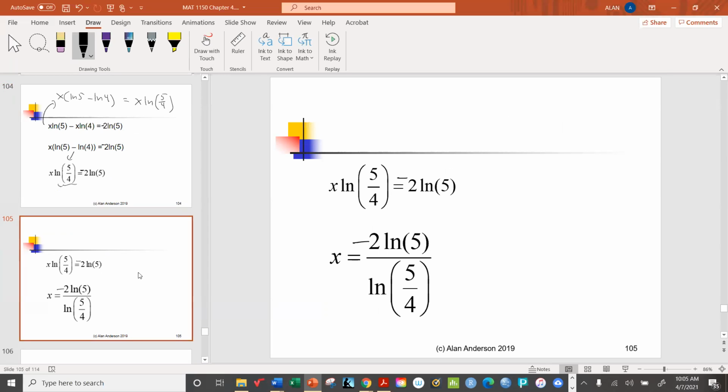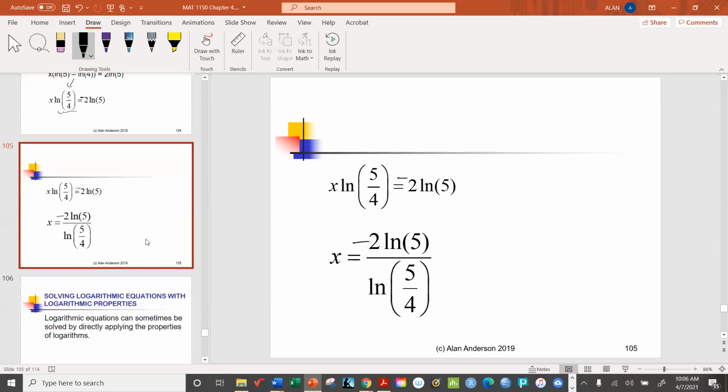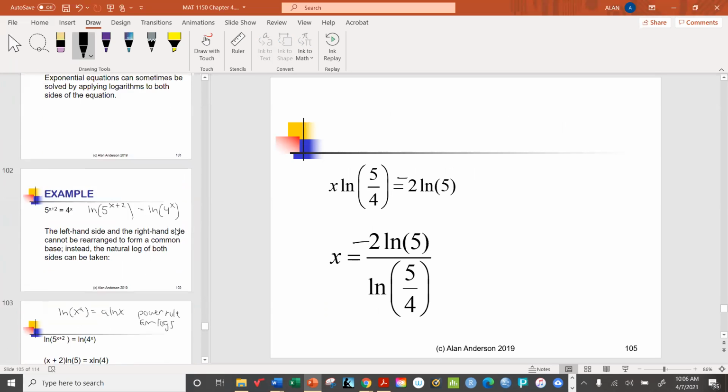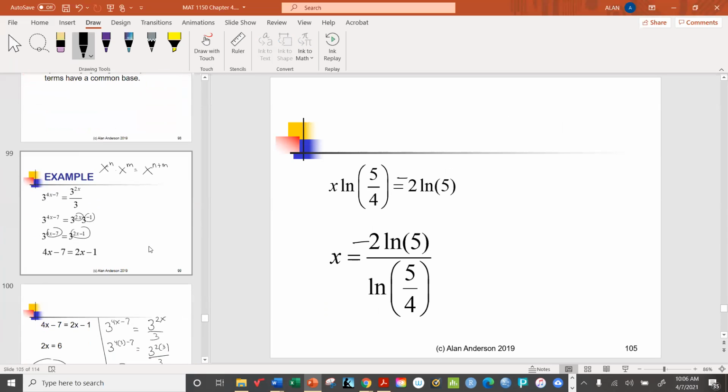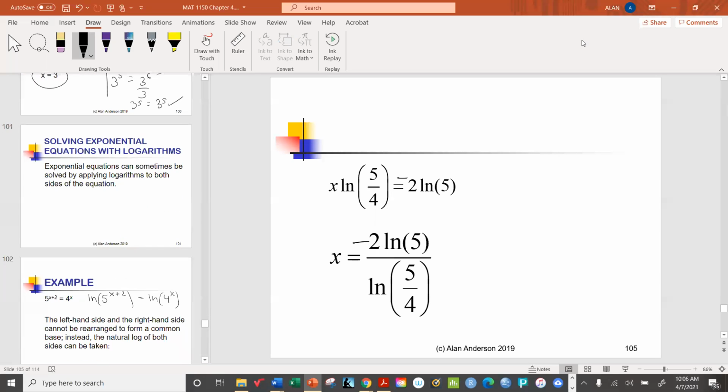Okay, so those all should have been negatives. I'll fix those and post the corrected version between now and next week, or next time we meet. But anyway, what ended up happening was we started at the beginning, we were hoping to use our one-to-one rule, and we realized that that wasn't likely to happen.